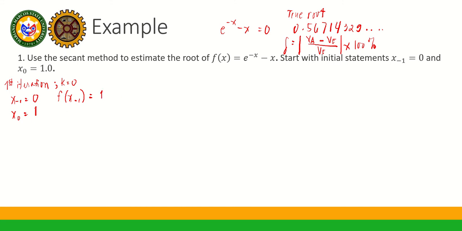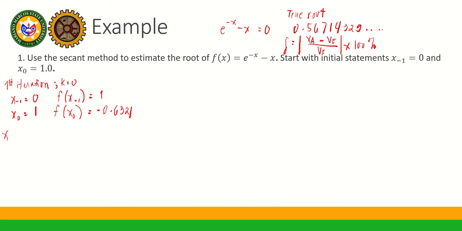And if we plug si 1 dito sa ating function, we will have f of x sub 0 equal to negative 0.6321. So we round our answers to 4 decimal places.